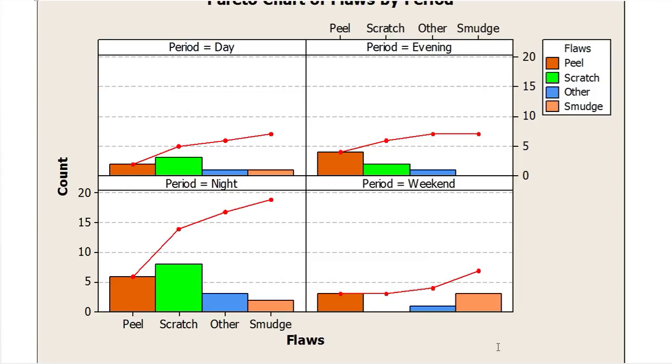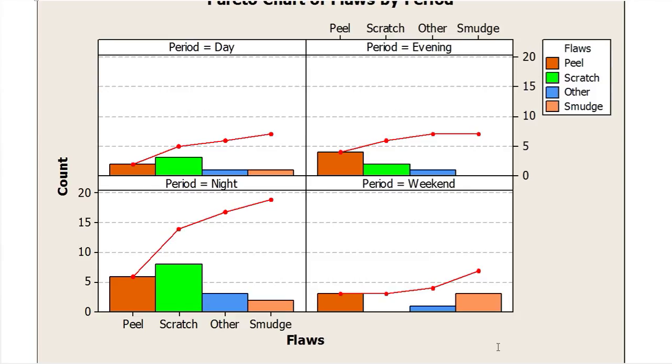So what we might do is look particularly at the weekend folks, see what they're doing that's different from everybody else to prevent scratches, and apply that especially to some extra training for the night folks, and see if we can improve scratches that way.